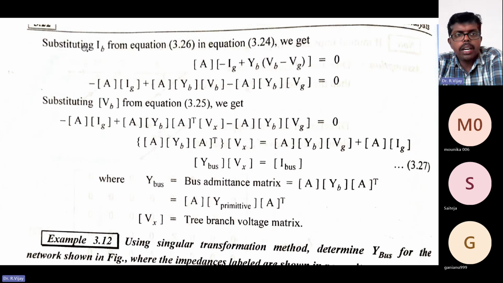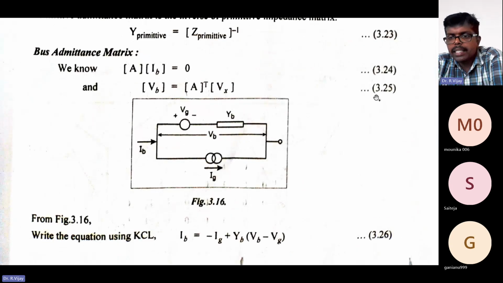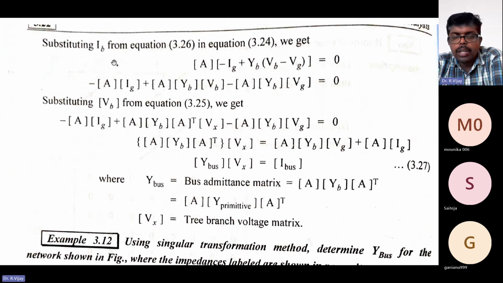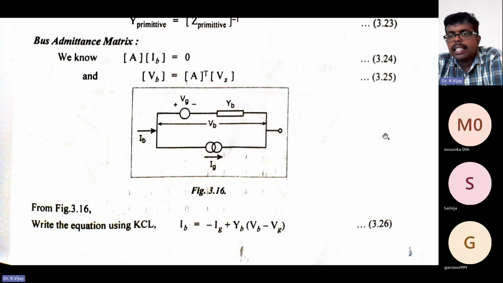Similarly, substitute IB from this equation, say equation number 3.26, into the other equation. If you substitute, A into minus IG plus YB into VB minus VG is equal to 0.